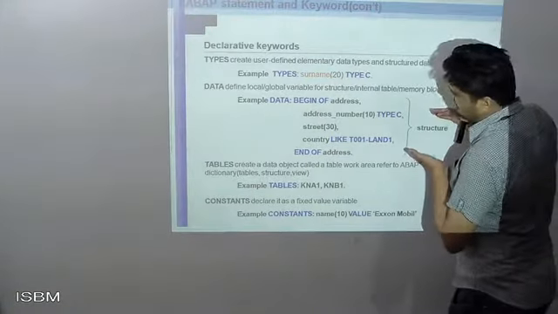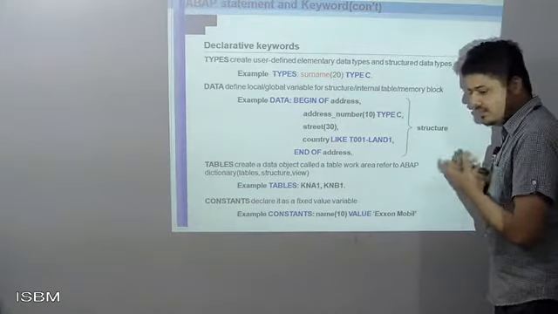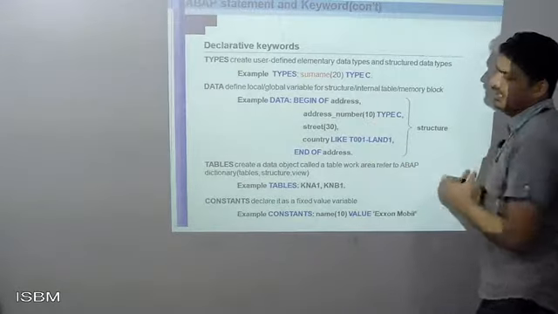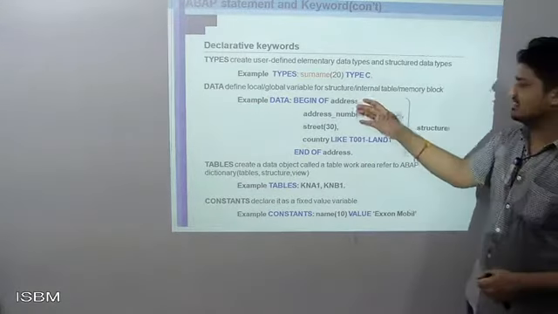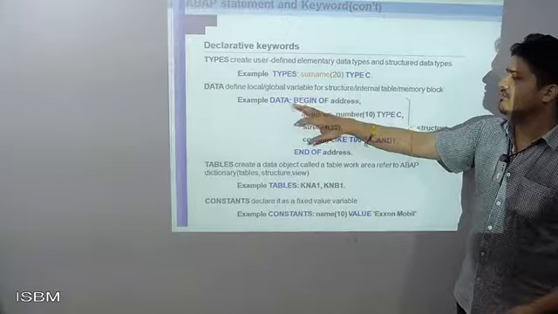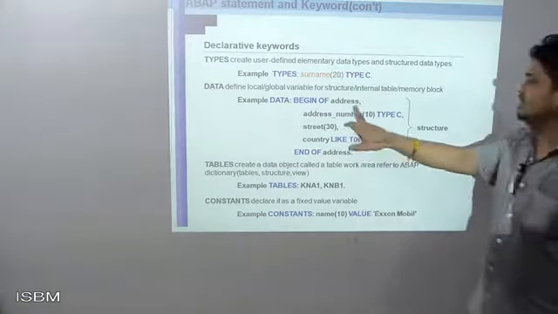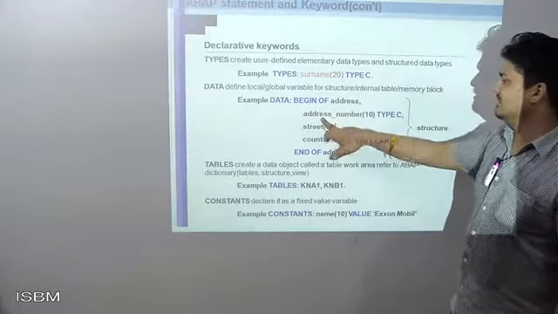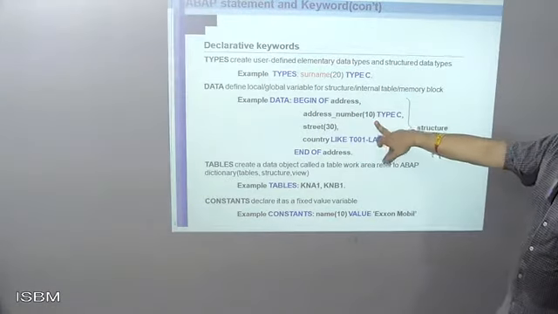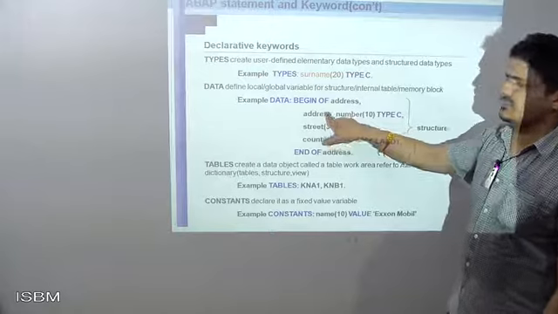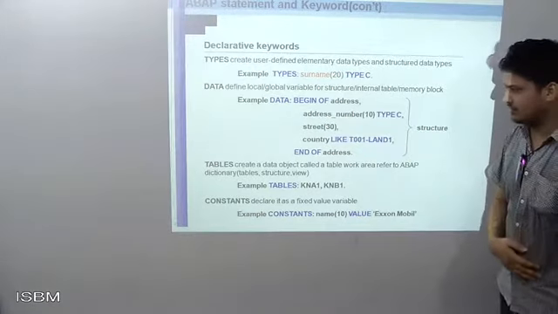This is the memory in the ABAP program, which is called an internal table. So we are declaring the structure or internal table over here. Basically, an internal table always starts with BEGIN OF, so BEGIN OF address, where address number is type 10 characters, not more than 10.